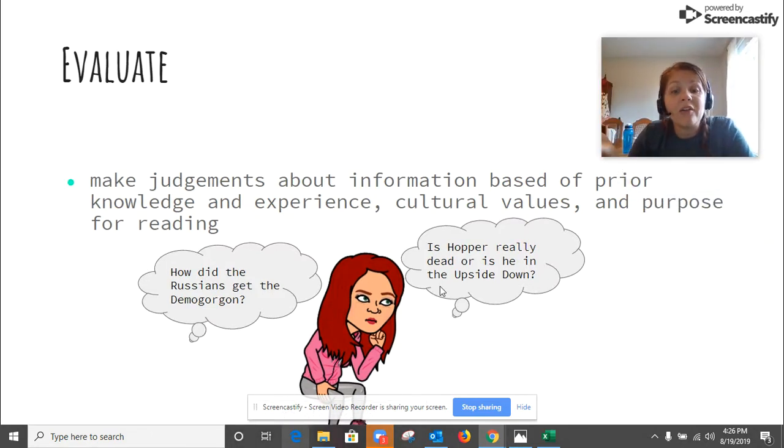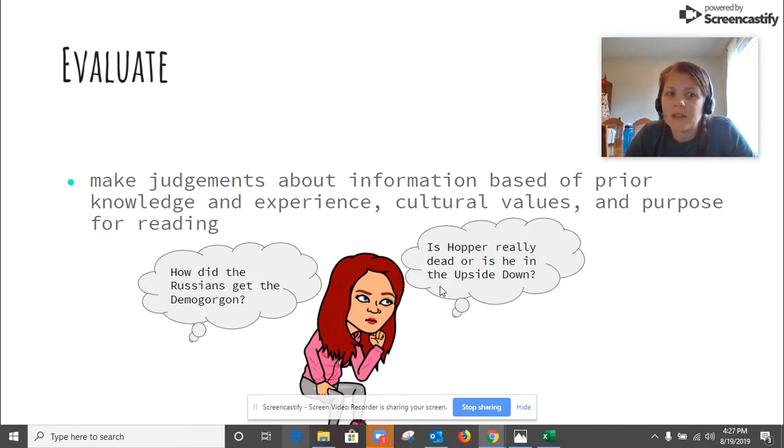So when we evaluate something, we're making judgments about it. We're looking at what we already know to be true, what we know based on our experience, our cultural values, and what we believe the purpose for reading this is. Are we reading it to entertain ourselves, or to learn something, to hear another side of an argument, or whatnot?